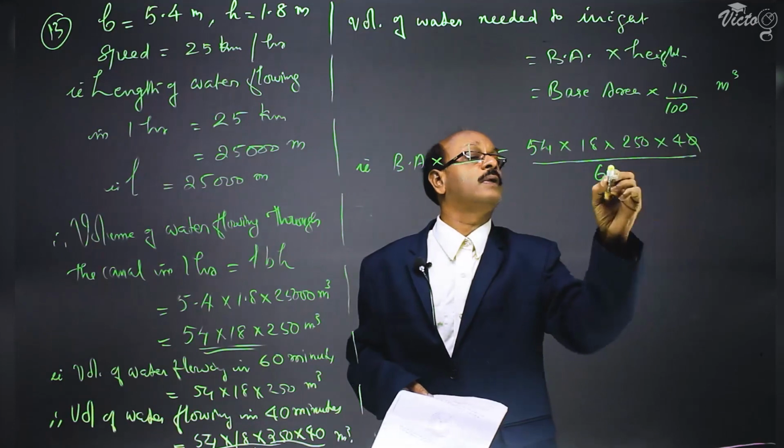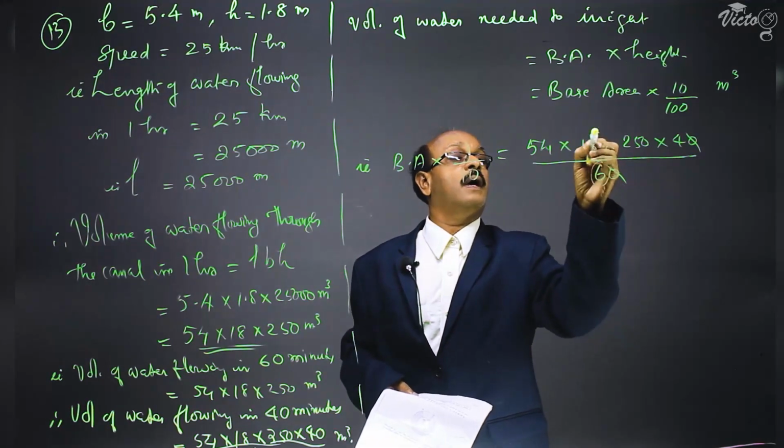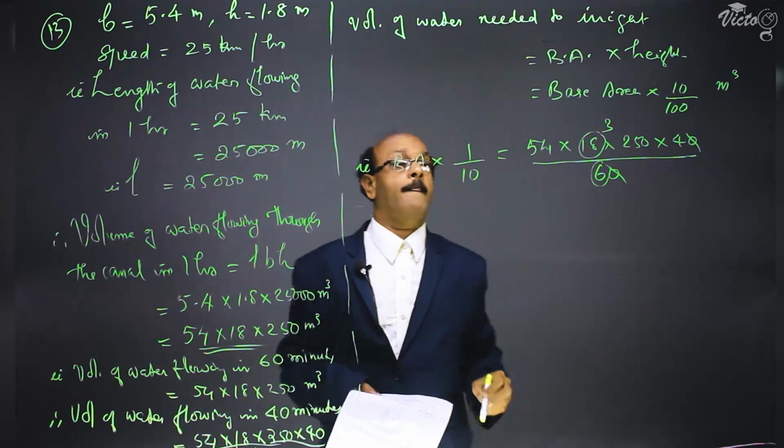This 10 gets cancelled. 6 and 18, which is equal to 3.